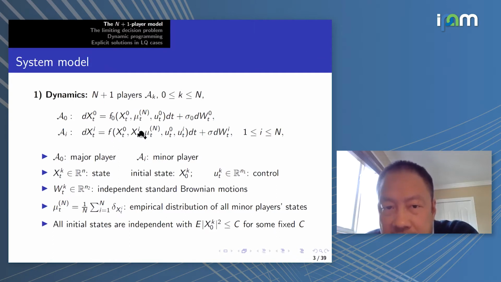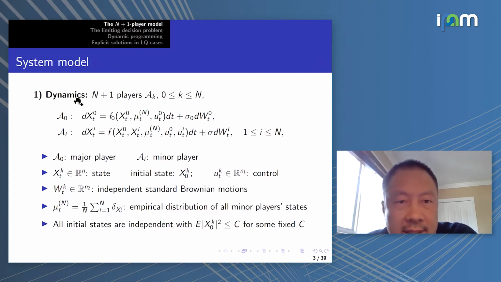And for this reason, we have the name of the major player. But if you have a look at the minor players, you can see each minor player only receives a very small impact of another minor player through this empirical distribution. So for this reason, they are called the minor players.